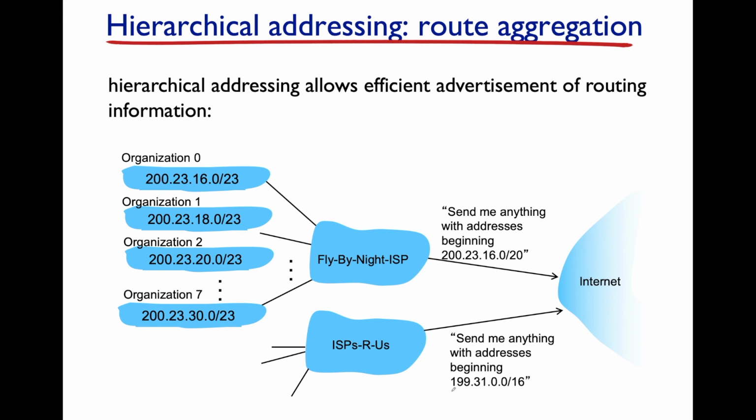Now, of course, when Fly-by-Night ISP's router tells the world around it on the internet, these are the block of addresses that I manage, it's going to give you that whole block 200.23.16.0 with a subnet mask of 20.